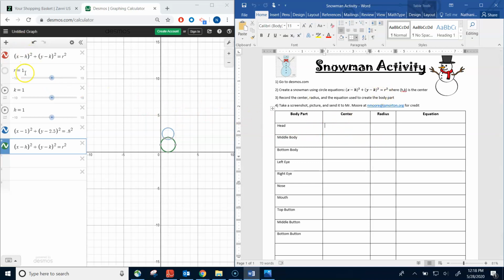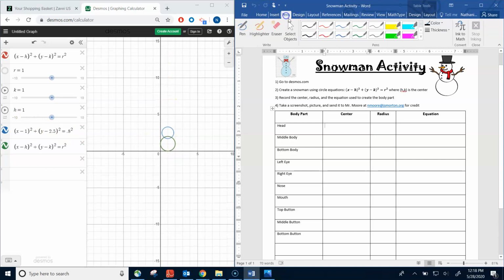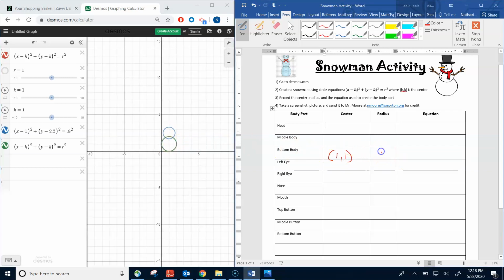In this situation, I have my center, which is right here, which is the first one. Let's say that's my bottom body. So my bottom body would be about right here, and the center is at (1, 1). The radius is what? If I go from the center to the outside, that's about 1.